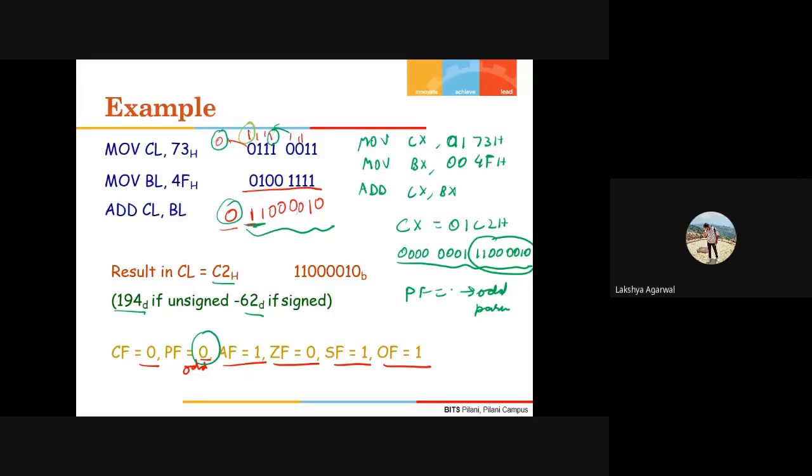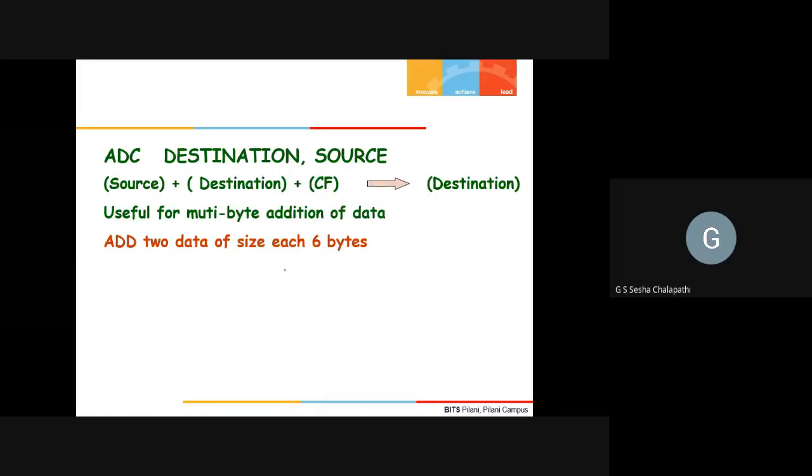Okay, let's proceed. Now, in certain cases, you want to add the carry also. Let us say there are subsequent additions that you are trying to do. If you are doing multi-byte addition, you might actually want to consider the carry of the previous addition also. Consider a ripple carry addition.